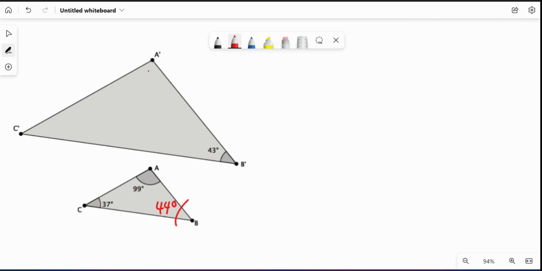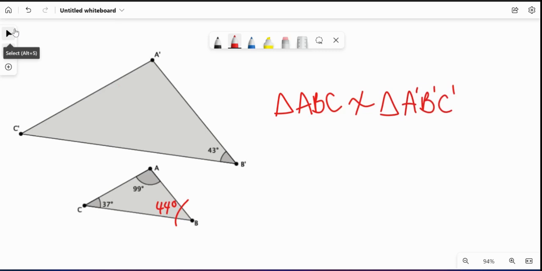So it doesn't really matter what these two angles are. These are not going to be similar. All right. They have to be the same exact angle measures. So triangle ABC is not similar to triangle A prime, B prime, C prime in this case. Okay.